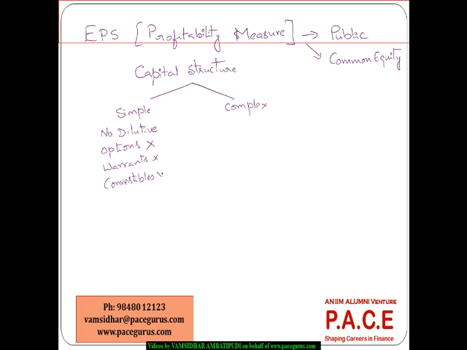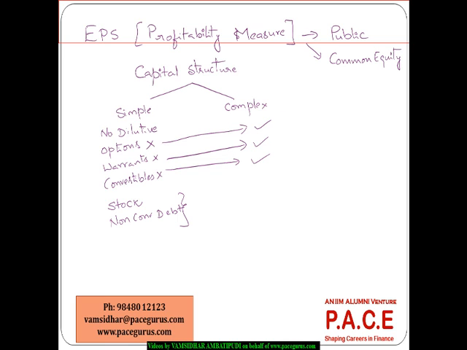If it does not have any of these and it has just plain common equity or preference shares, or if it has non-convertible debt, then we typically call it a simple structure. Whereas if any one or more of these things are present, then we treat the capital structure to be complex.